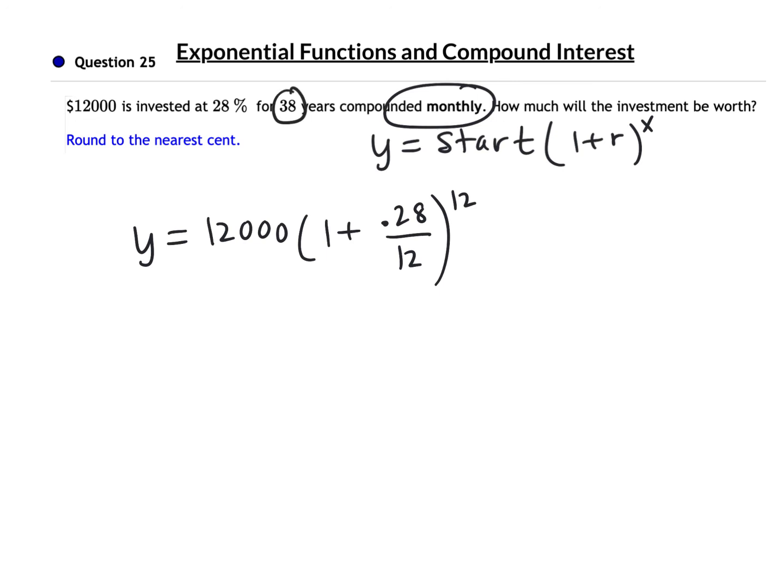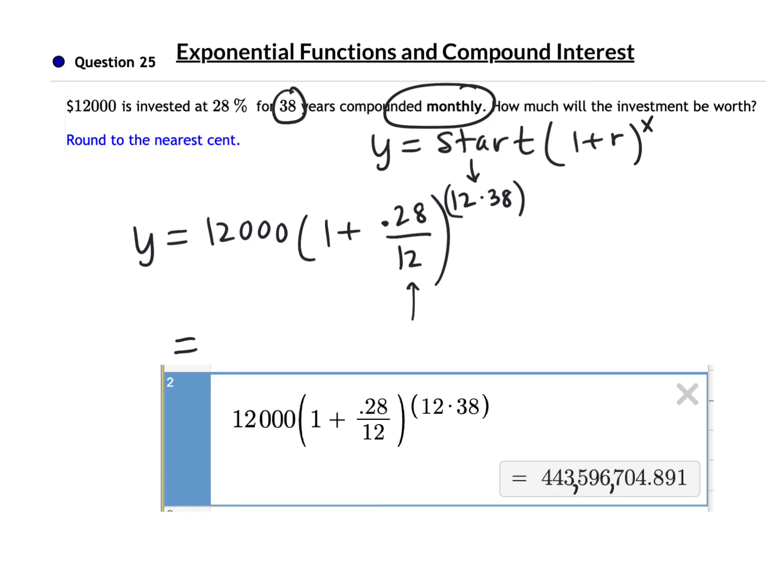If I want to do 38 years, I do 12 times 38. What you're doing is turning it into months. Enter this into the calculator, and you get $443,596,704.89.